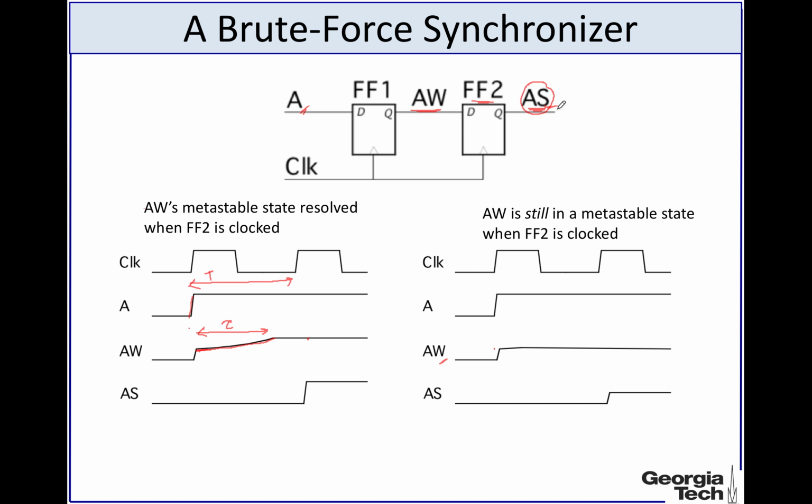So what we are going to show next is how we can find out the probability that, for a certain synchronizer configuration, the metastable state will propagate to the rest of the circuit.